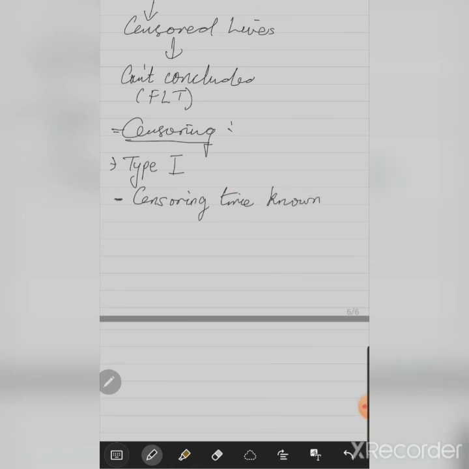So here I know the time period where the investigation I'm doing is going to end. So for type 1 censoring, the censoring times are known in advance, and the time period when the investigation is going to end.